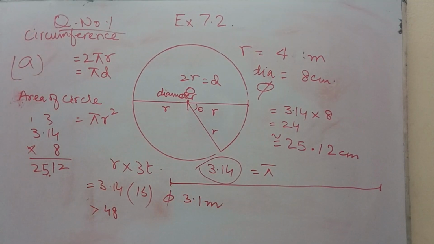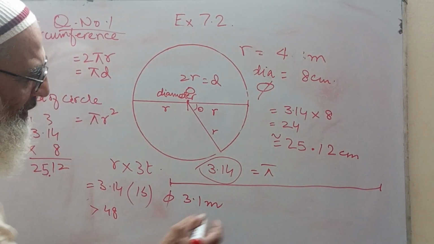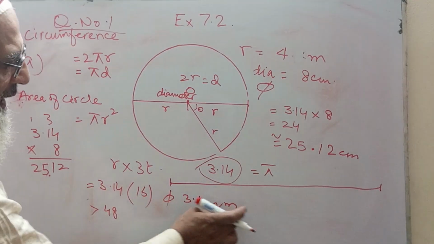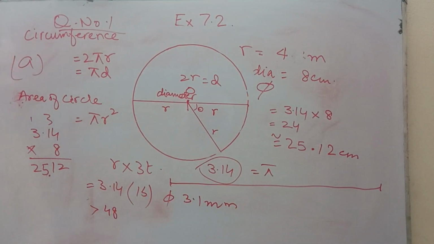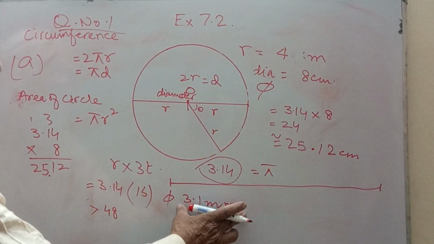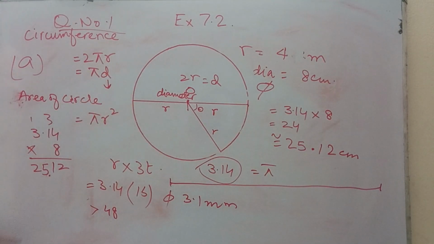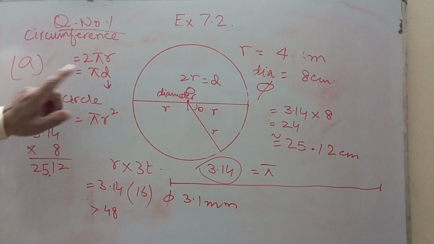In the next question, the diameter is 3.1 mm, millimeters. Yes, just manipulate this 3.1 over here. The value of pi will remain the same.